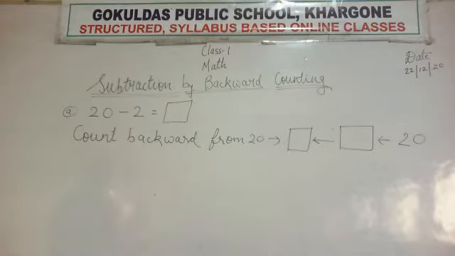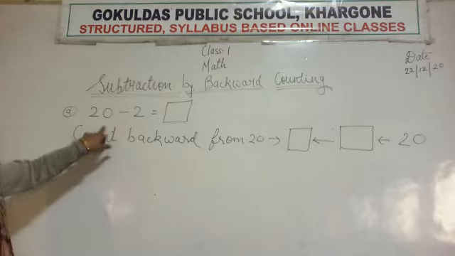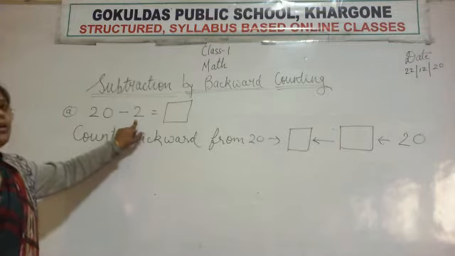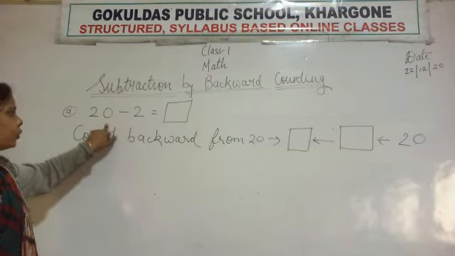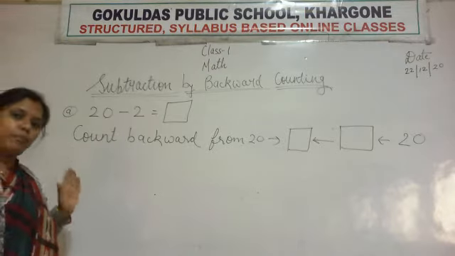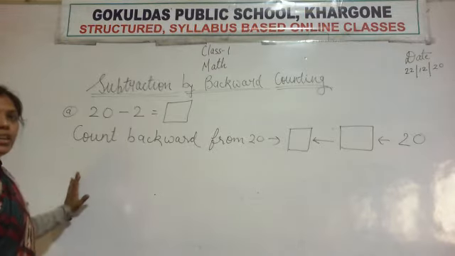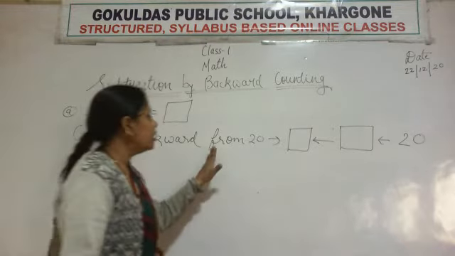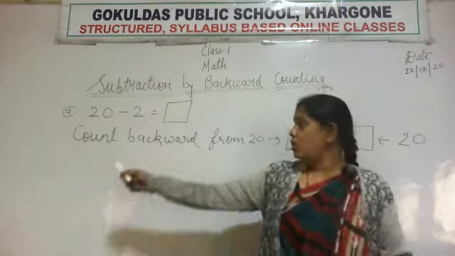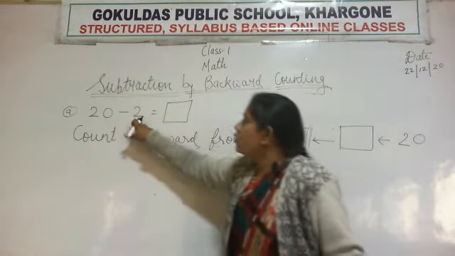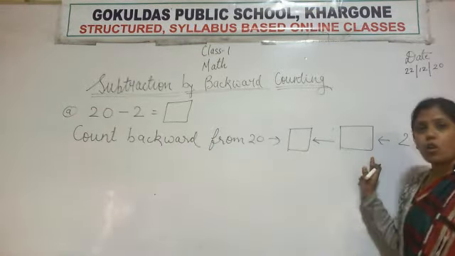Okay, written. Now see, 20 minus 2. That means you have to count 2 numbers backward after 20. अपन को 2 numbers back count करना है 20 के बाद. So I have made here 2 boxes.